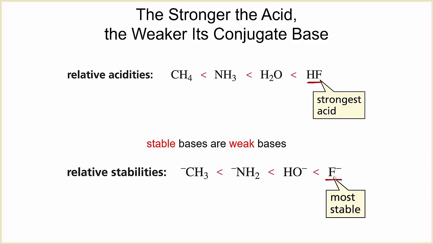So the strongest base would be CH3 minus, and the weakest base of this group would be F minus. This goes along with that saying I brought up before: the stronger the acid, the weaker its conjugate base. In terms of stability, CH3 minus, because it doesn't have as much positive charge in its nucleus, is the least stable, or strongest, base. That is, it wants to pick up that extra proton.